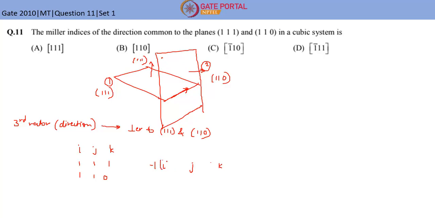Minus j of 1 times 0 minus 1 will be 1, and for k it will be 1 minus 1, which is 0. Hence the vector parallel to both will be 1 bar 1 0. So the direction common to planes 111 and 110 in a cubic system will be 1 bar 10. So the correct answer is option C.